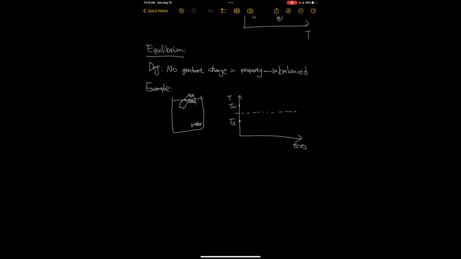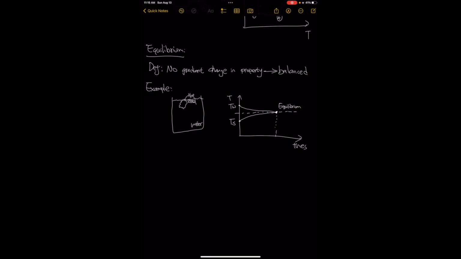Because you dump the steel into water, there will be heat transfer between those two objects. Eventually, the temperature of steel will go up, and the water temperature might drop. So they reach a certain point in time, and that particular moment is called the equilibrium state.